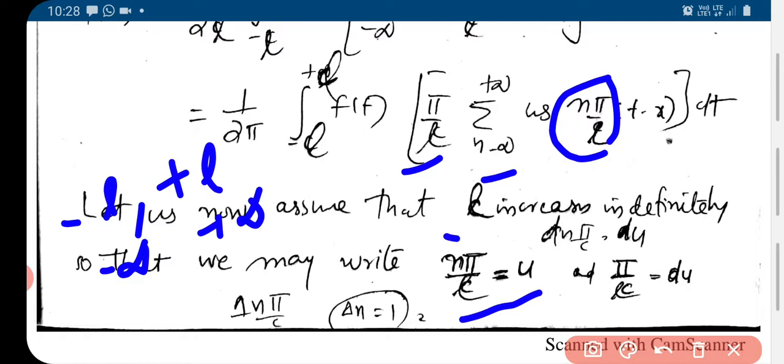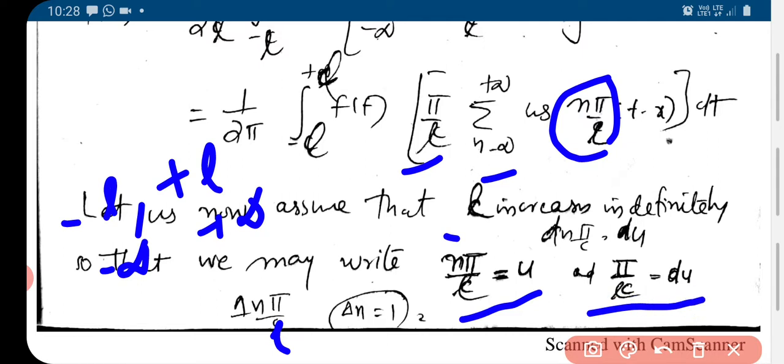If you take delta n as 1, you could have taken delta n pi by L. Delta n is definitely 1 because the value of n changes in steps of 1. So you have pi by L as equal to du.